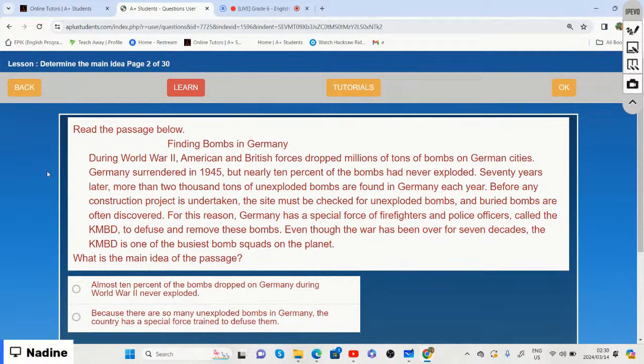All right, so we need to say what the main idea is within this passage.